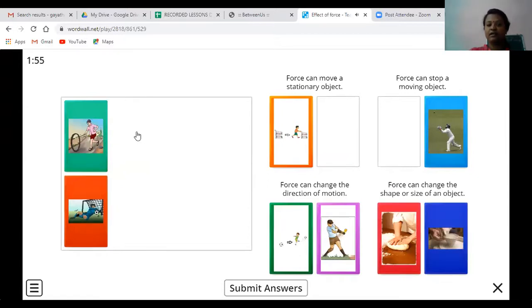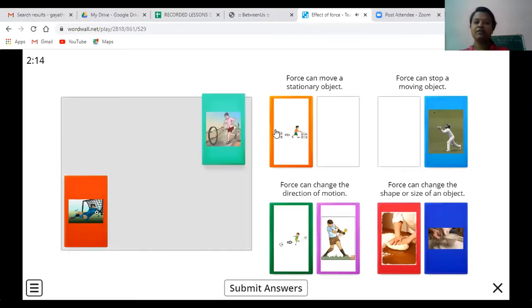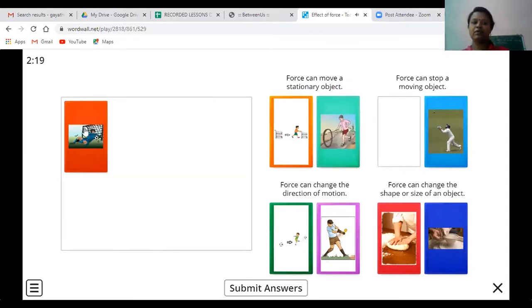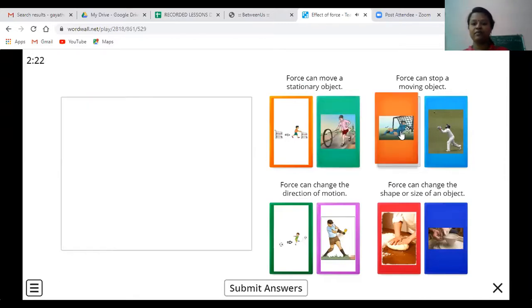On the other hand, we can see a pot is prepared by a potter. So you could see that the lump, or you say the shape, is being changed; the size can be changed with the application of force. On the other hand, we see a boy who is playing with the tire. Either the force can move the stationary object or it can stop a moving object. So you can see the force can move, whereas the goalkeeper always tries to stop the moving object.